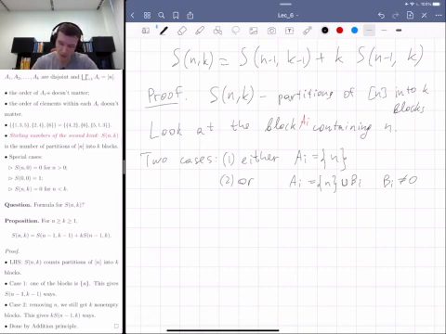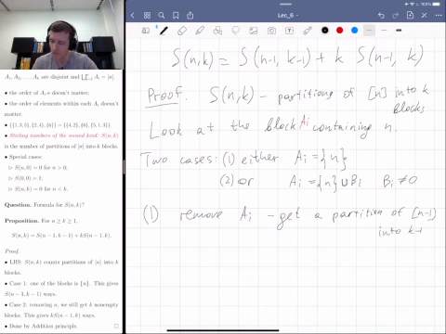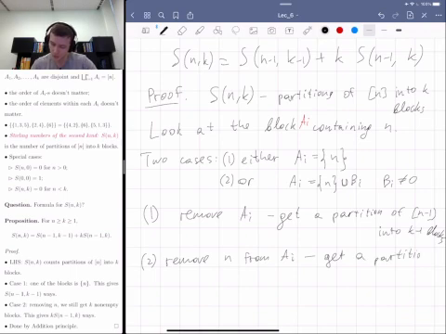In the first case, you can remove block A_i, and you get a partition of n minus 1 into k minus 1 blocks. In the second case, you can remove n from A_i, and then you get a partition of bracket n minus 1 into k blocks.